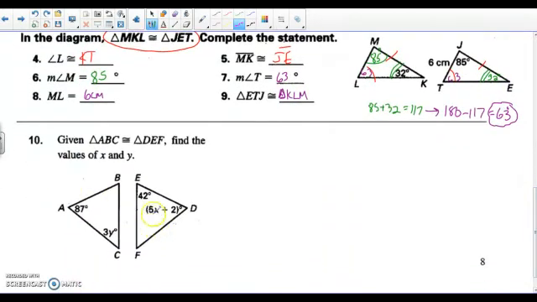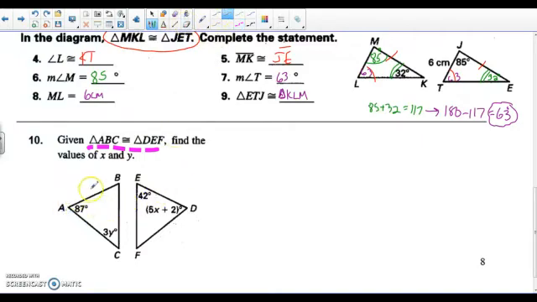All right, for number 10, same thing. I'll let you try this one out on your own in just a second. For number 10, though, we have to be really careful. This says ABC is congruent to DEF.